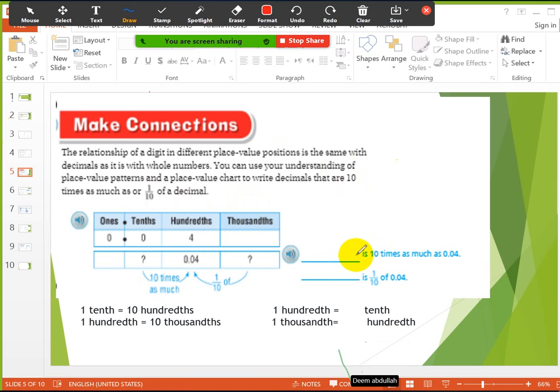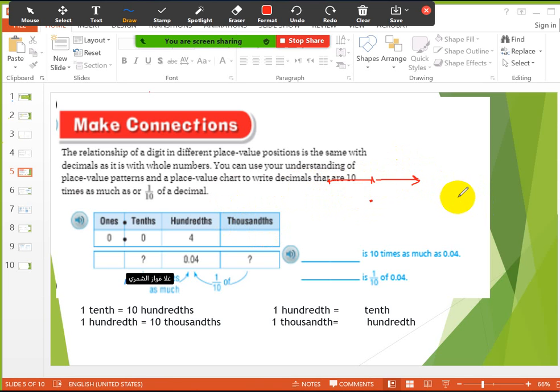consist of, or a decimal number consists of two parts. Before the decimal point I have the whole part, which is here the ones, the tens, the hundreds, as we learned. But after the decimal point I have also the decimal part.